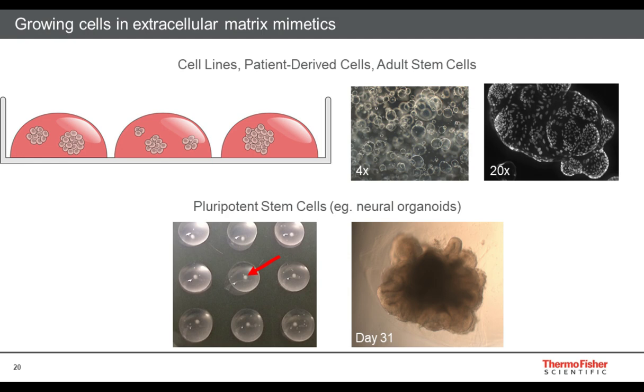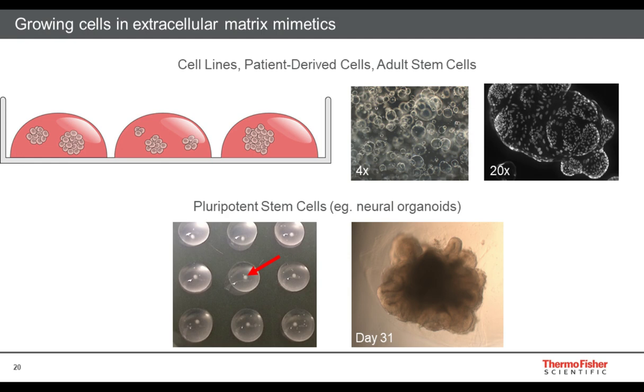Another way in which ECM is used, which is maybe a little more commonly seen in the pluripotent stem cell space, is to take aggregates or previously formed aggregates of cells and put them inside droplets of Matrigel or Geltrex. The red arrow here in the picture on the bottom is showing a spheroid, or a growing organoid I should say, that is differentiating into certain lineages.